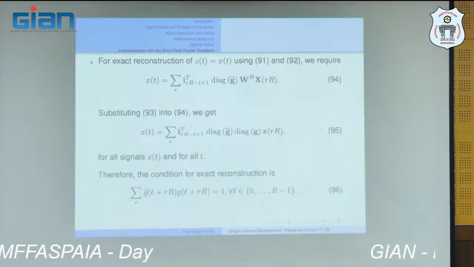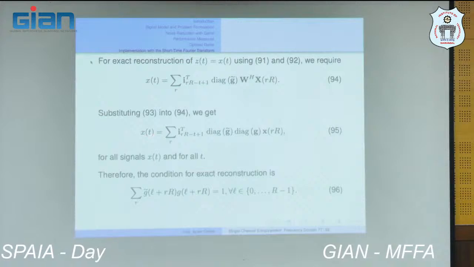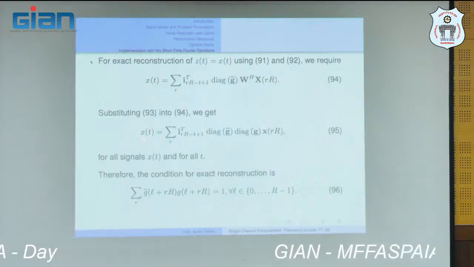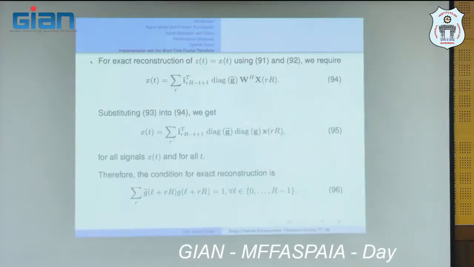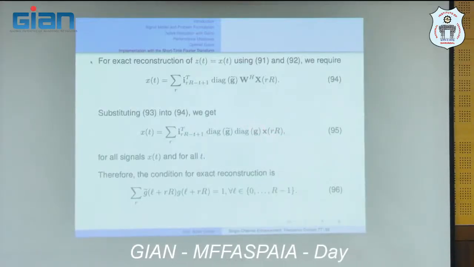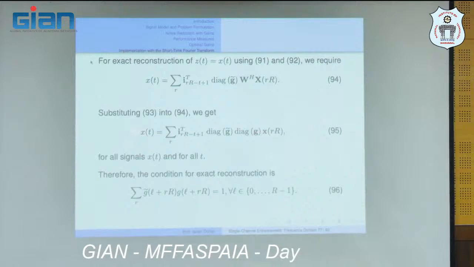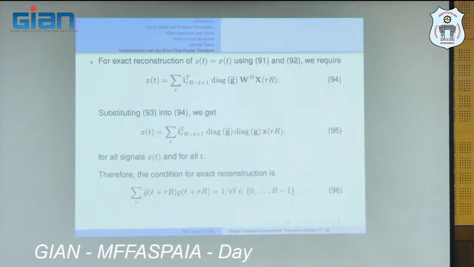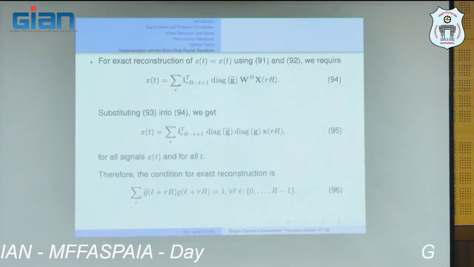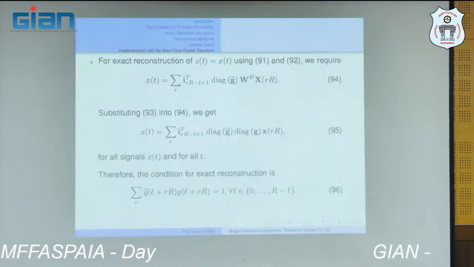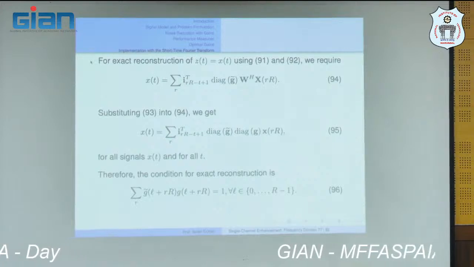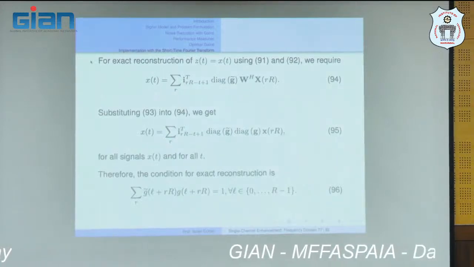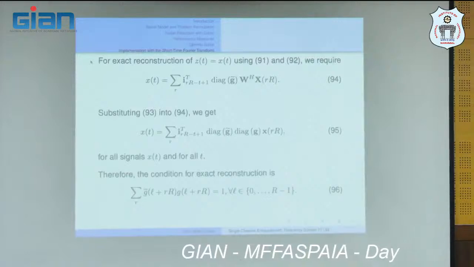So we can write the relation between the time domain signal here and the time domain blocks, vectors of length L, like this. In order to have this equation correct for any signal X, this is called the perfect reconstruction condition.